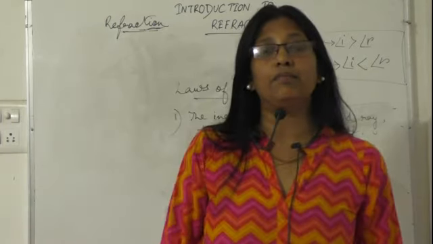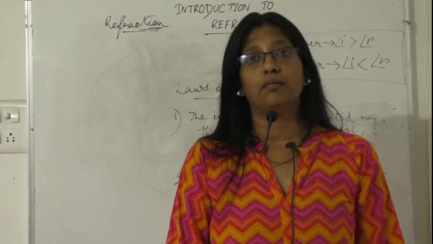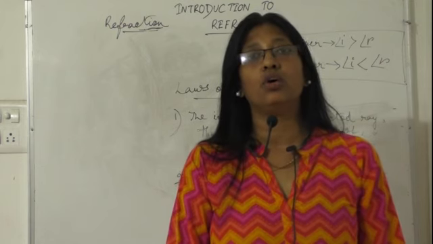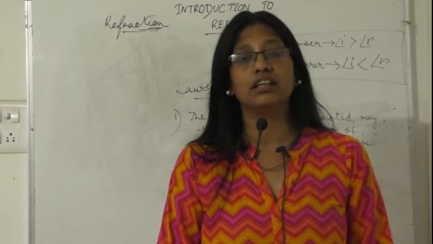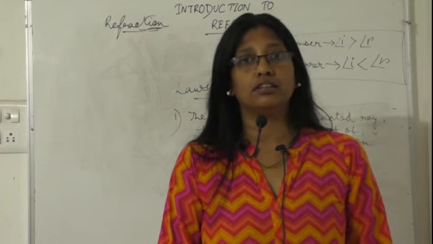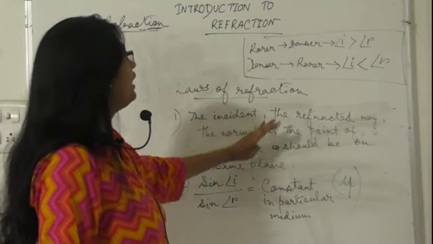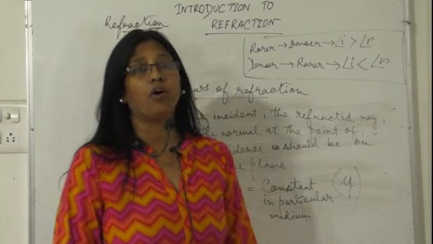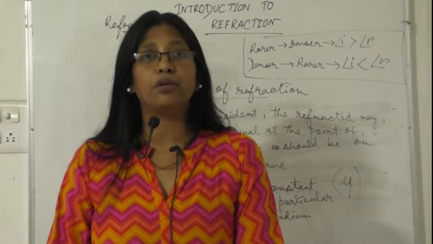So it is a very important topic of your class 10th book. It is actually what is refraction and what are the laws of refraction. You must be studying it, but today I have discussed all the specifically important points. Now I think it will help you.